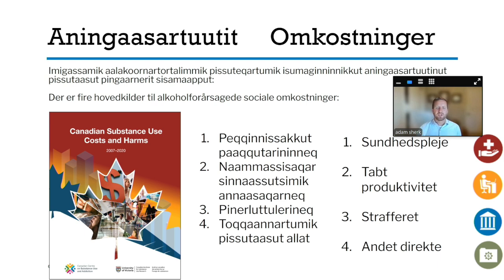The next is criminal justice, so things like policing costs, court costs, and the correctional system, prisons, and so on. A significant portion of that wouldn't occur in the absence of alcohol use. So we get a handle on what alcohol's contribution is to our criminal justice system. Other direct costs are things like motor vehicle collisions caused by alcohol and fires caused by alcohol, and there's an economic component to that.